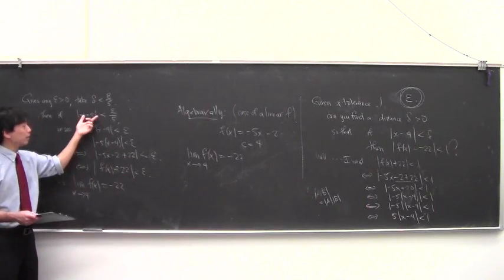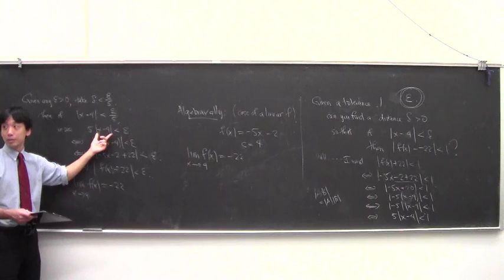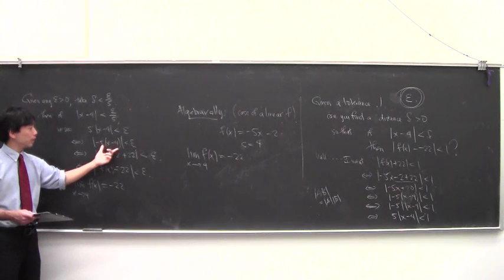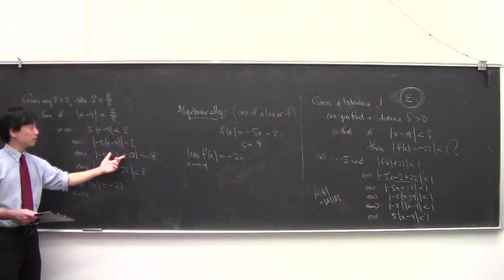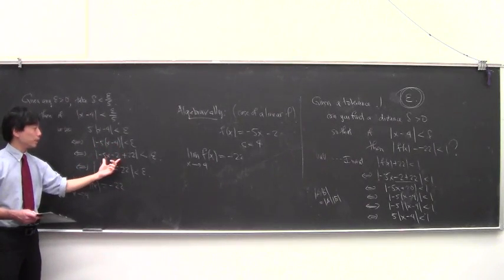And how you show that is you say, well, look, if x is within epsilon over 5 of 4, well, then this is true, by multiplying both sides by 5. This is true because this is the same thing as this thing. I haven't changed anything. And this thing here is f of x.